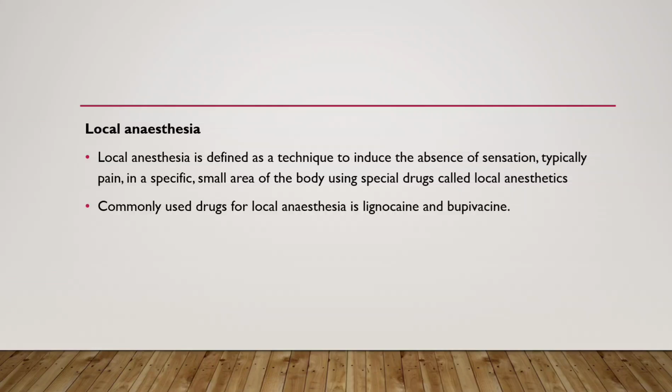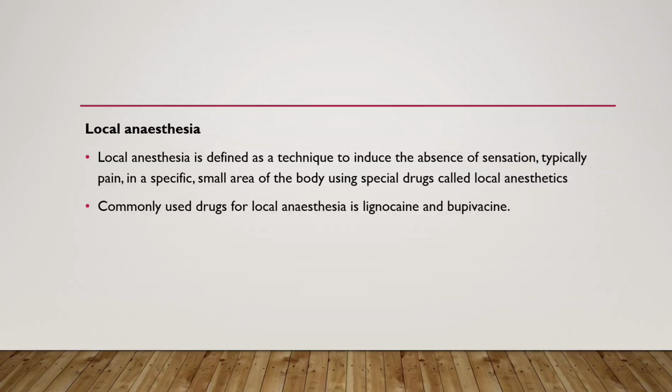Next, we are going to discuss the classification on the basis of duration of action. First, short duration, which means 15 to 30 minutes. The drugs are chloroprocaine, the shortest acting local anesthetic, and procaine. The next one is intermediate duration, about 30 to 90 minutes.